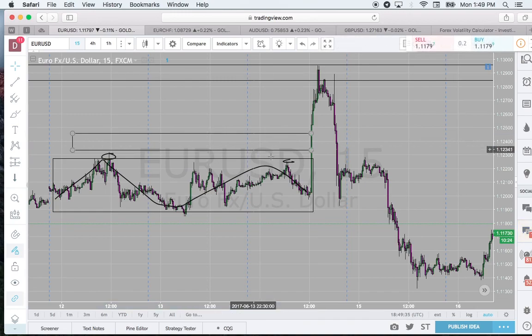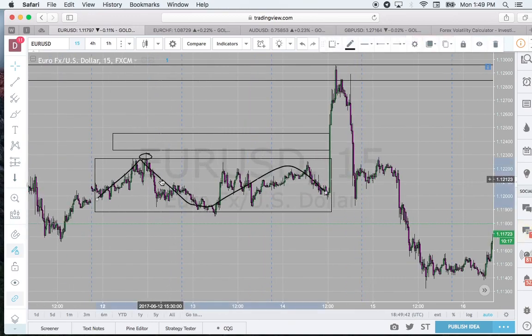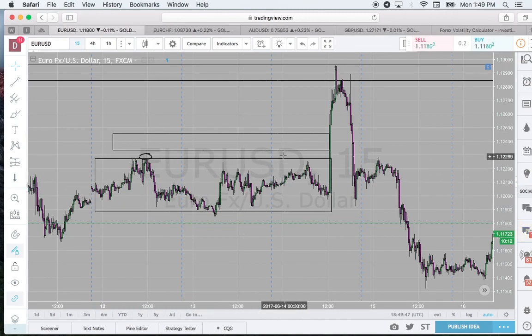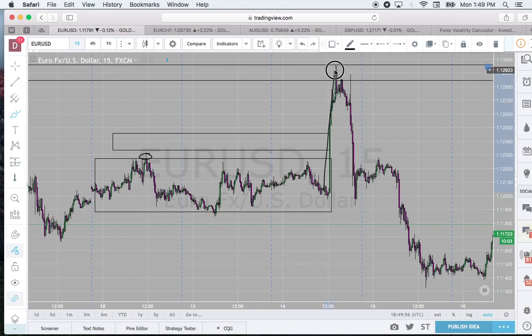But imagine there being more sellers than buyers in this consolidation chunk. The dealer managed to create an environment of more sellers than buyers. So, the dealer must push the market up to fill the seller's orders. In other words, for every seller, there needs to be a buyer.